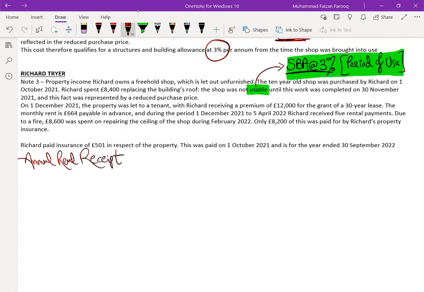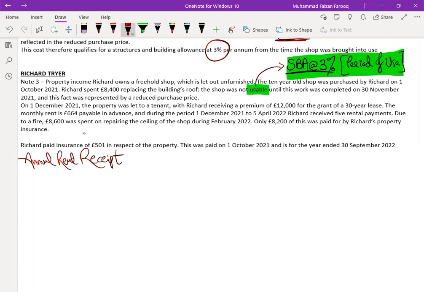Due to a fire, £8,600 was spent on repairing the ceiling of the shop during February 2022. Only £8,200 of this was paid by Richard's property insurance. Richard paid insurance of £501 in respect of the property. This was paid on 1st October 2021 and it is for the year ended 30th September 2022. Calculate the income tax payable by Richard Pryor.